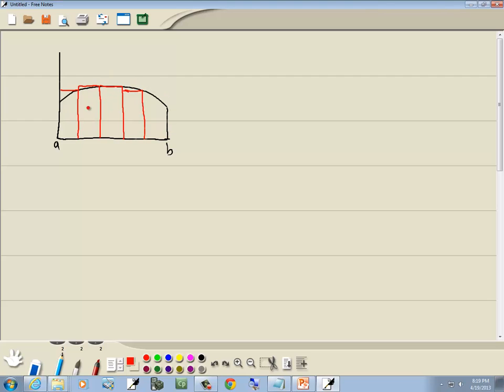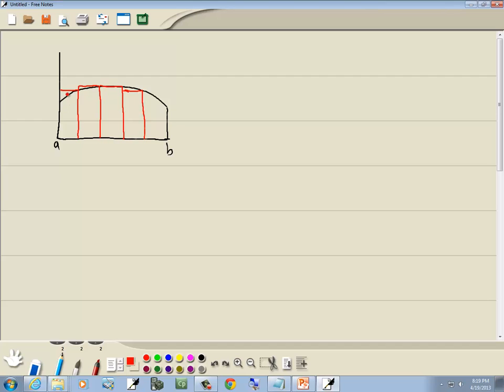So we could put rectangles in here where we're touching the right side of the rectangle, or we could touch the left side of the rectangle, and then find the area of these rectangles and add them together, and that gives us approximately the area of this region.